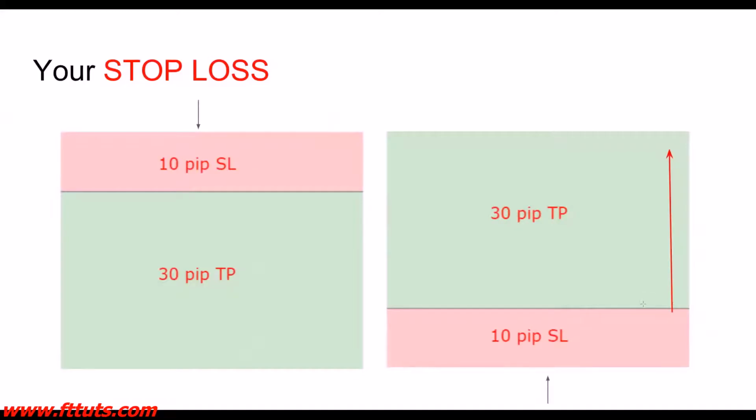And if we're selling the market, if price pushes down and hits our stop loss, then we get taken out of the market. Now, if you notice, guys, looking at my stop loss and my take profit, it's fairly consistent, okay? I have a 10 pip stop loss here and a 10 pip stop loss here. And then I have a 30 pip stop loss here and a 30 pip stop loss here.